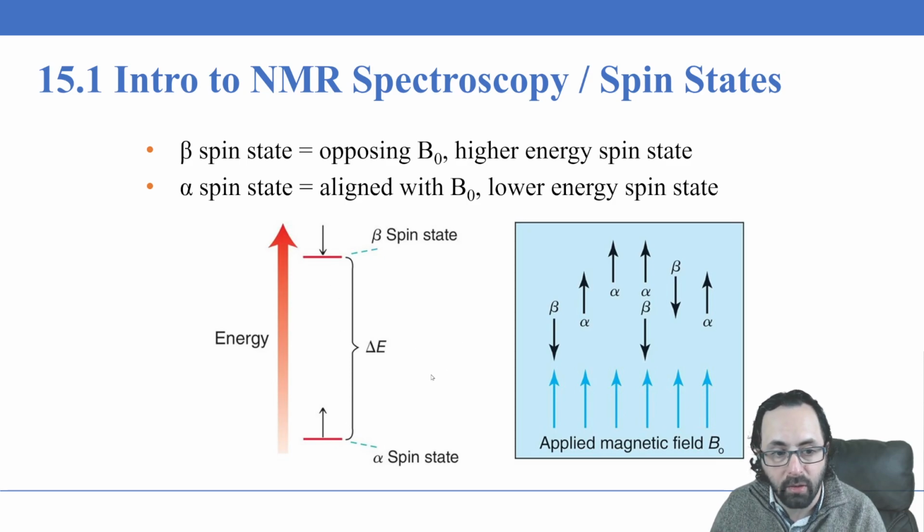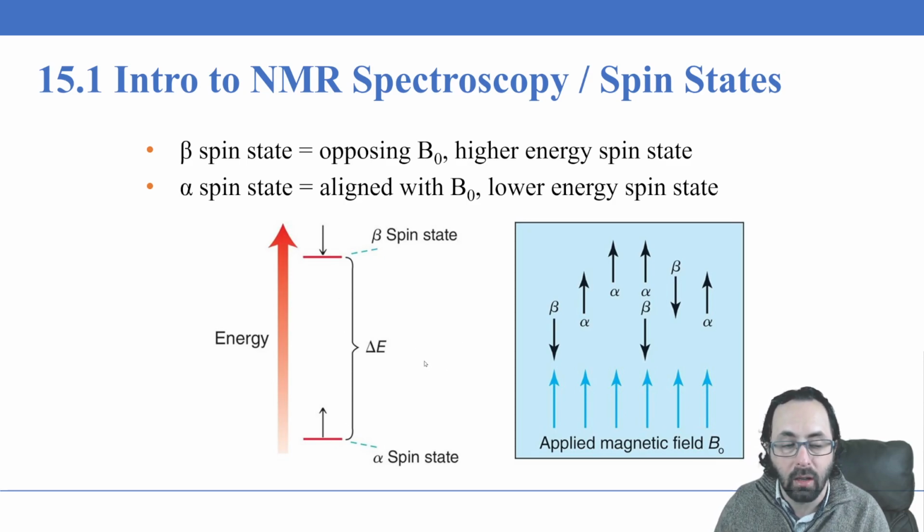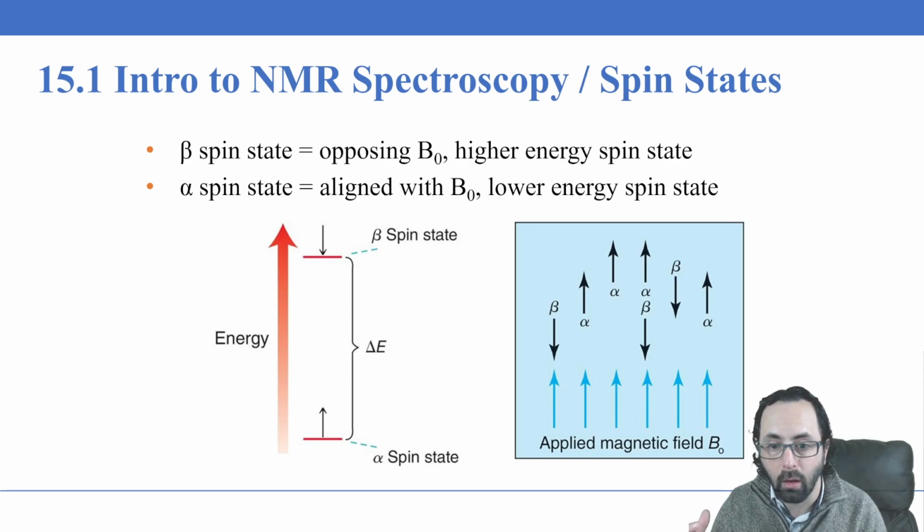And this energy difference tends to be in the energy of radio waves, so a relatively low energy compared to infrared spectroscopy, which involves exposure of the sample to higher energy infrared light, or visible spectroscopy, where the same way our eyes operate, which is even higher energy light. This is low energy radio frequency light.